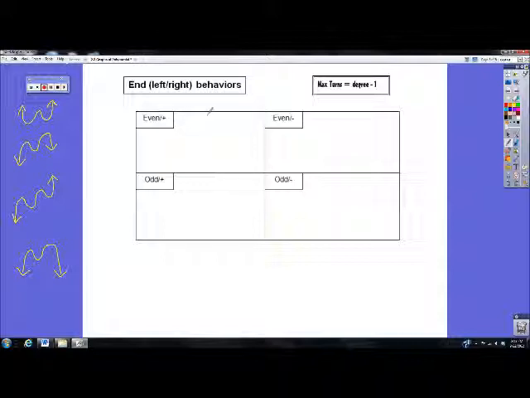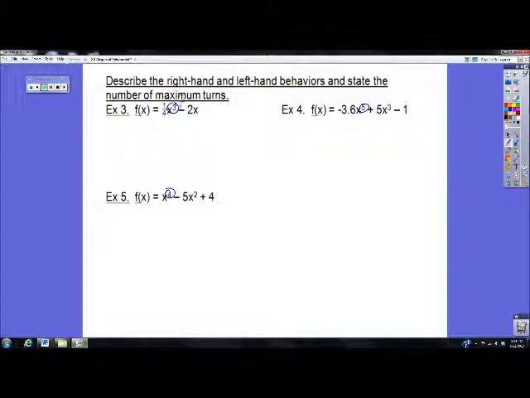If you have an even degree, even degrees go in the same direction. Even degree exponents go in the same direction. So that means both ends would be up like this one, or both ends would be down like this one. Well, if you have an even degree with a positive coefficient, again, I'm kind of looking ahead at our next examples, like over here, even degree, and this coefficient here in the front is a positive number.